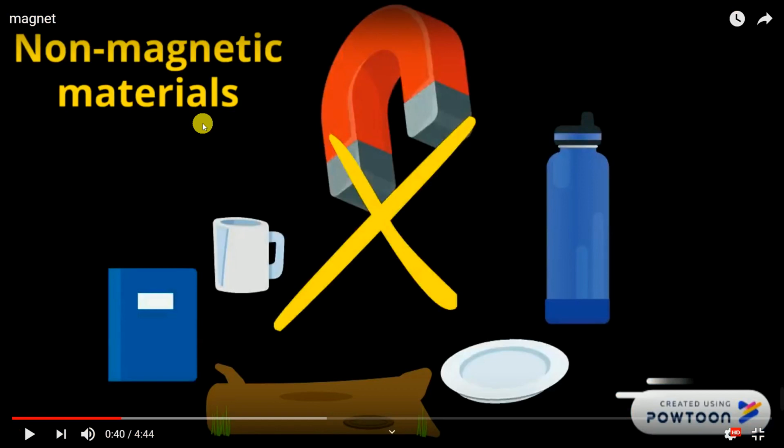When I ask you, can a magnet attract an iron nail? It's true because it's made of iron. Can a magnet attract plastic? No, because it's a non-magnetic material.